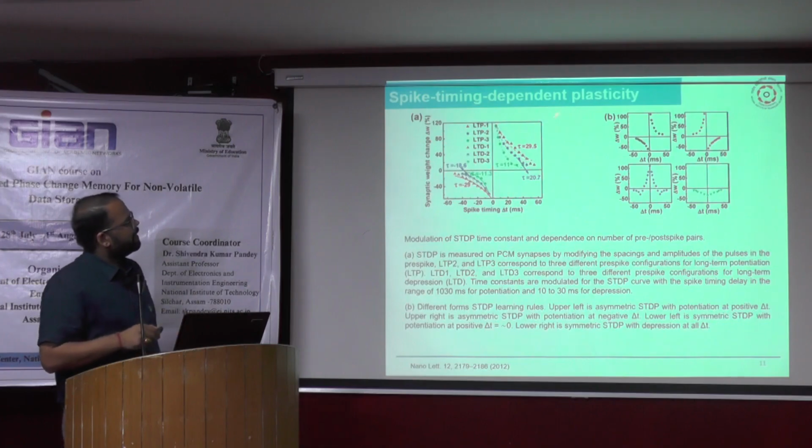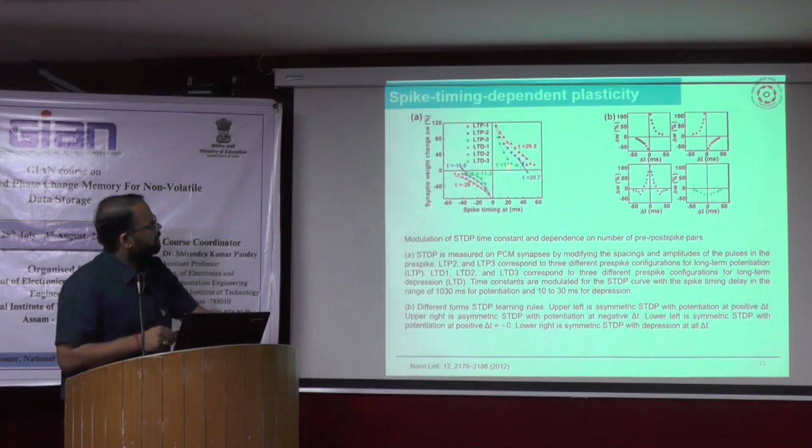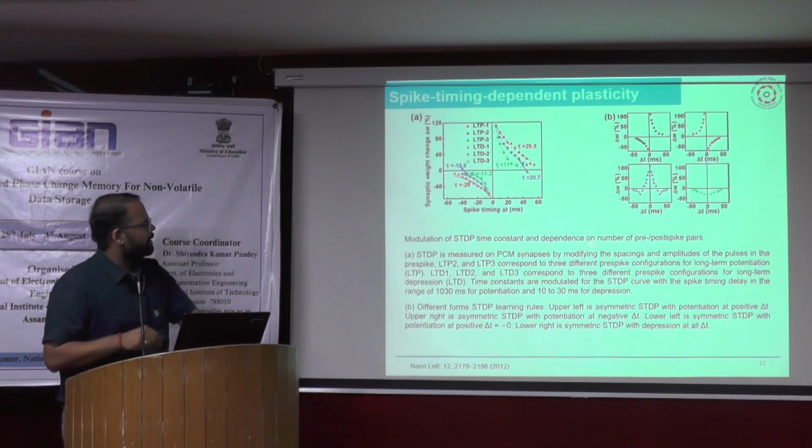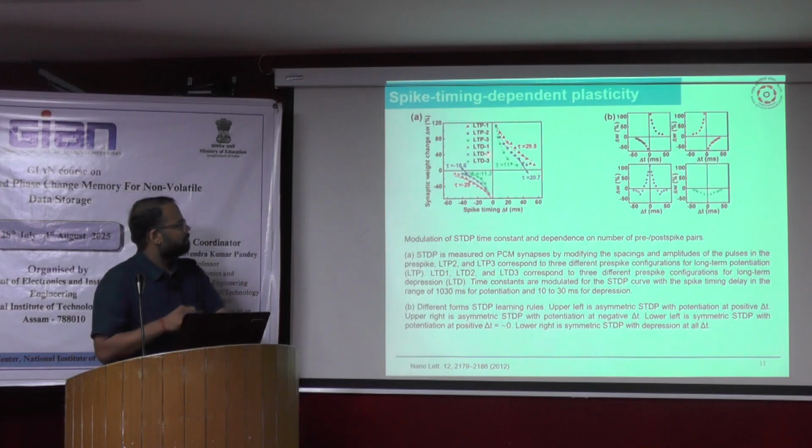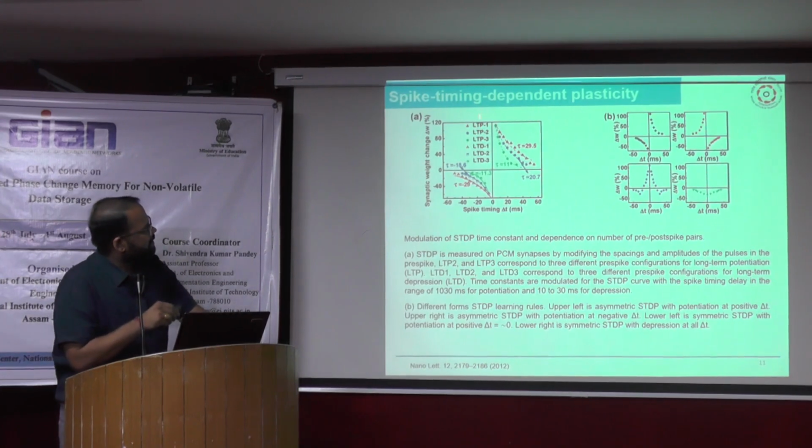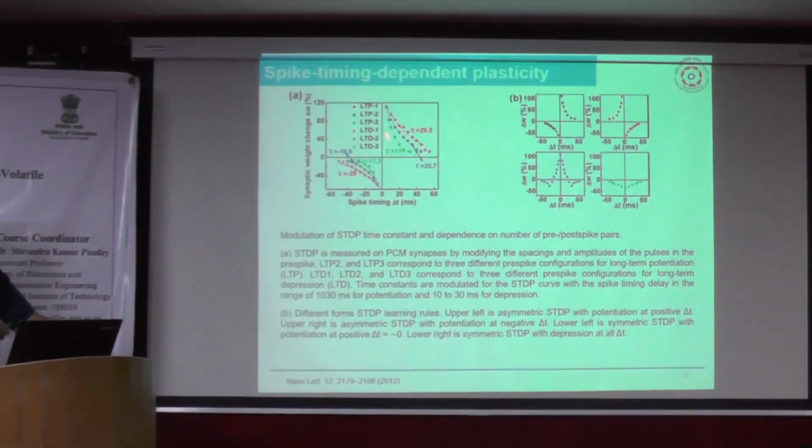And for spike-time-dependent plasticity with different time constants, there is modulation of the STDP time constant and dependence on the number of pre and post spikes. Here it is tested, and they were trying to calibrate.